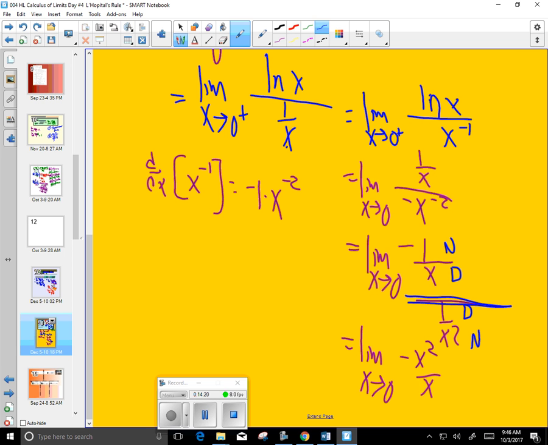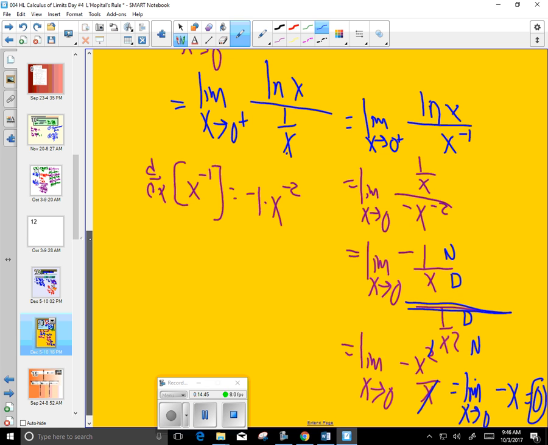Then this is going to cancel out one of the x's, and you're going to get the limit as x approaches 0 of negative x. And what will that be? 0, yeah. There you go.